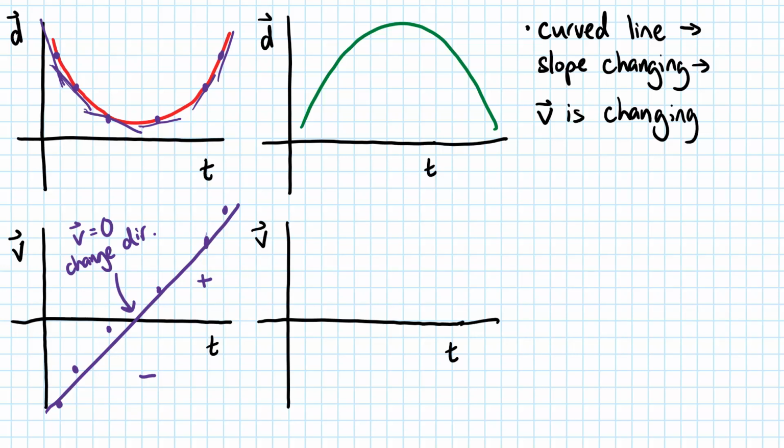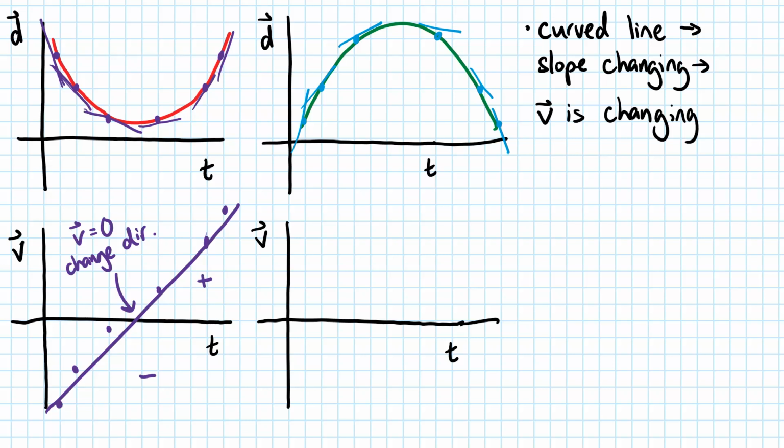I know that could be a lot to take in, but why not try it for the other graph? Just take a few points along the graph. Look at the slopes of the tangent lines. And you'll notice that you're going from a steep slope to a flatter slope, and then a flatter slope to a steeper slope. So again, you're going faster and then slowing down and then faster.